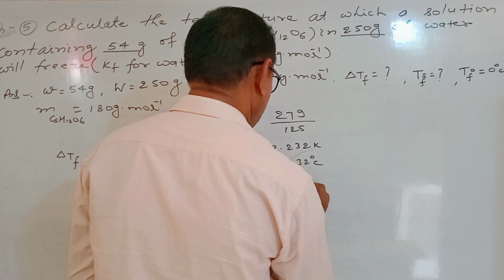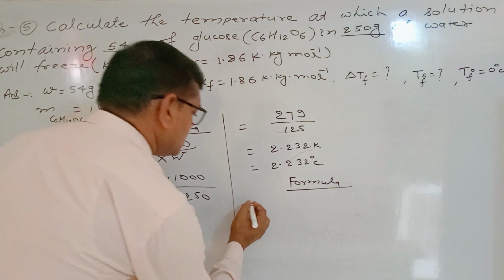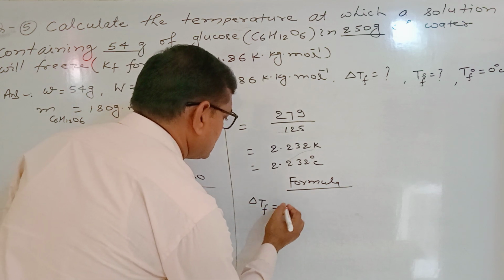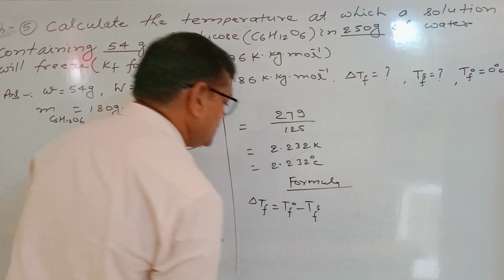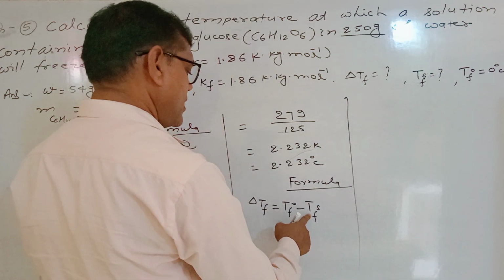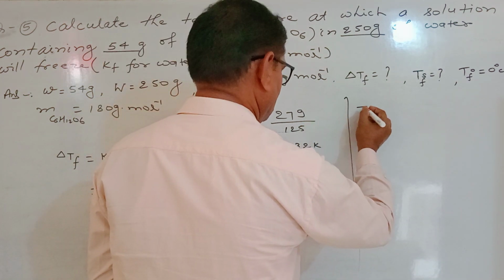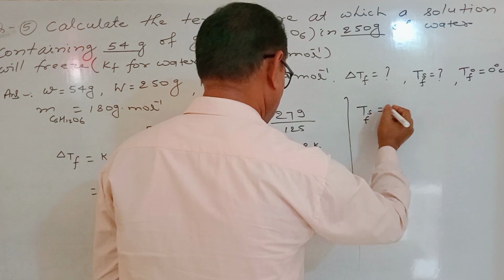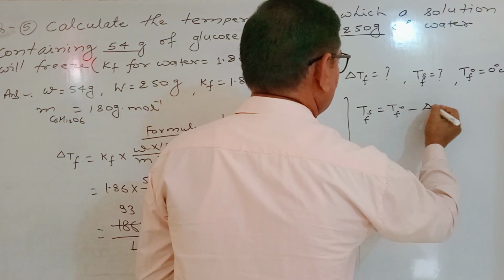Now we write a formula. Delta Tf is equal to Tf naught minus Tf. This part moves here and converted into positive sign. Tf is equal to Tf naught minus delta Tf.